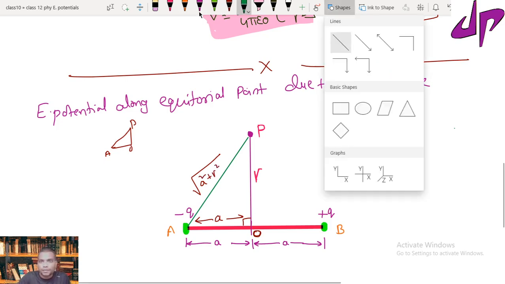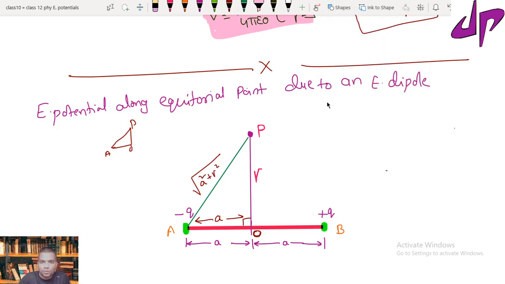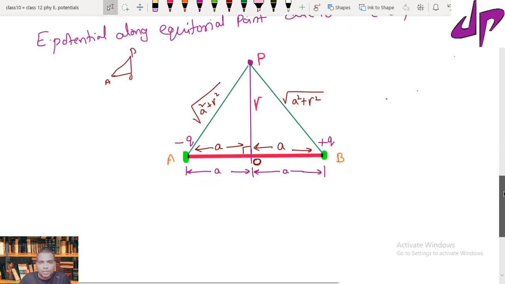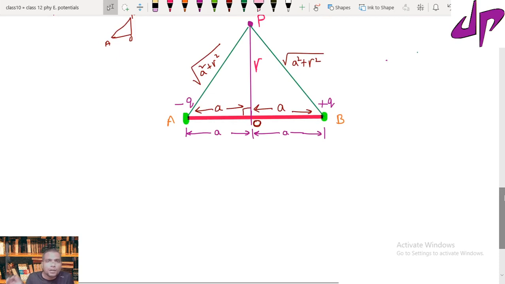Similarly, from the right triangle OBP, the base O to B is also A and the perpendicular equals R, and we get the hypotenuse as the square root of A square plus R square. Okay, now by using this figure, we need to find the electric potential at point P.